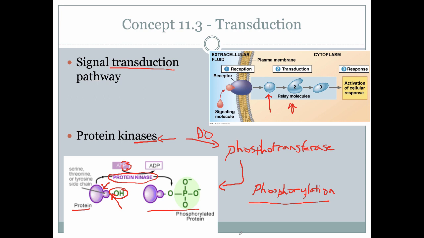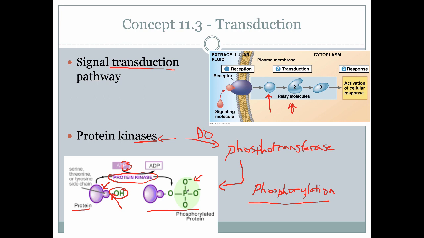So what does phosphorylation do to a protein? Well, if you go back to the functional group lectures, I told you that phosphate groups, like this one, think of them as big, bulky kind of lightning bolts on a protein. These are highly charged, very large actually. And so what they actually do is they're going to change the structure of a protein. They're going to change the shape of a protein one way or another.